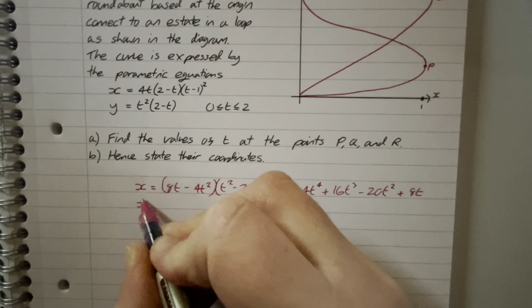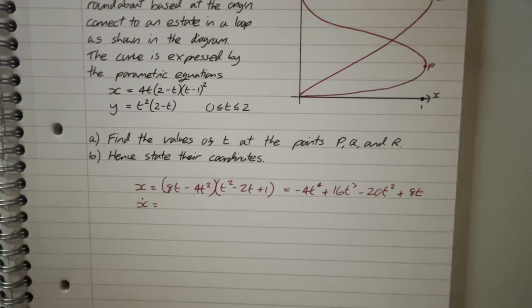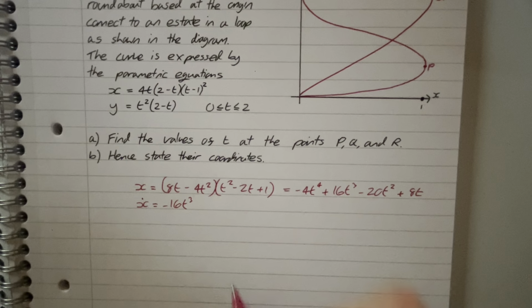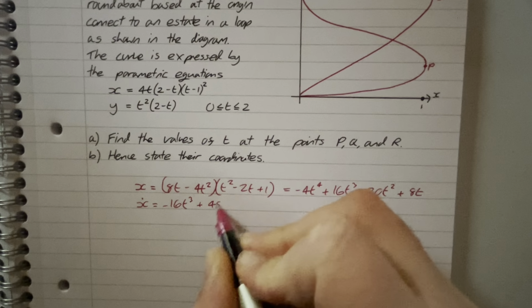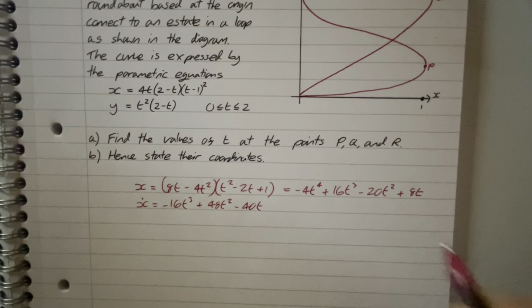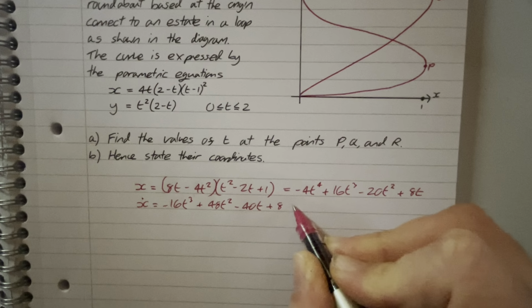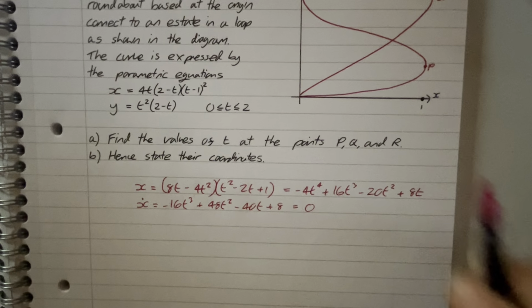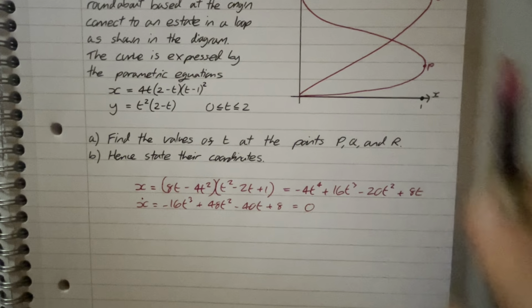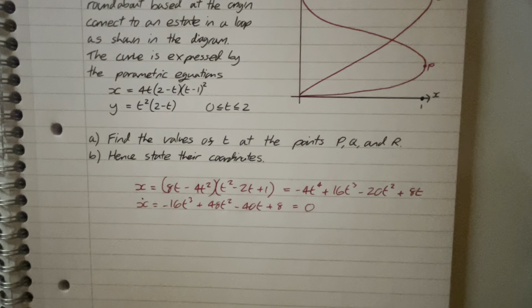So I'm going to call it x dot, which is the differential of x with respect to t, so dx by dt. That's going to be minus 16t cubed plus 48t squared minus 40t plus 8. And I want this to equal 0, and that's going to give me t values for P at this point here, and then Q. Those are the extremes for x, aren't they?